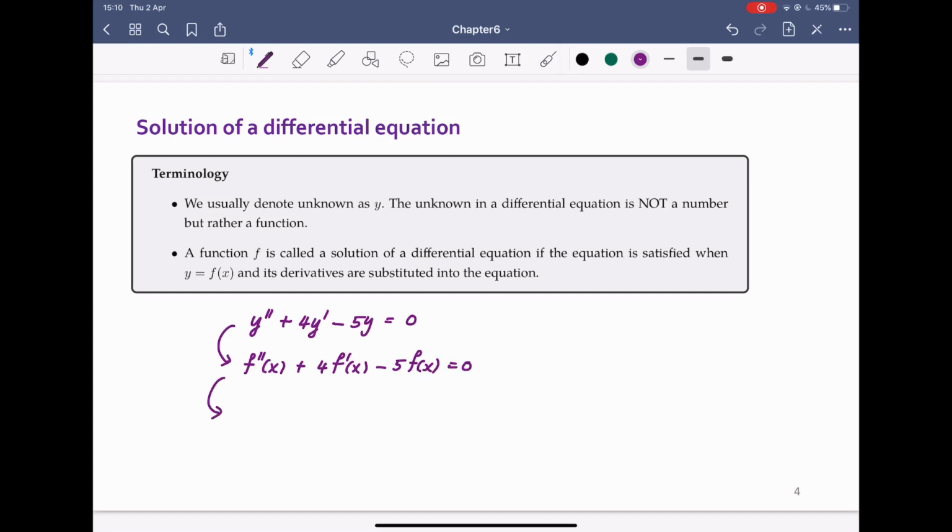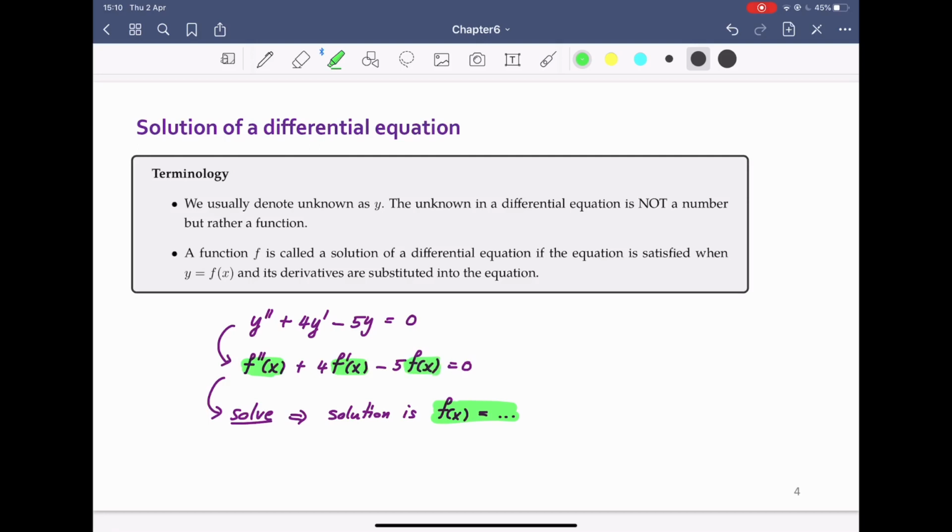When you solve this differential equation, what are you going to get? Your solution is going to be f(x) equal to something, right? Because you need a function f(x) that fits into this equation.